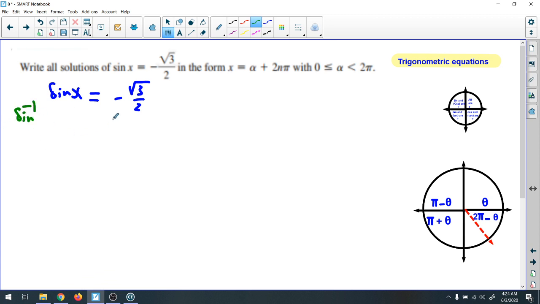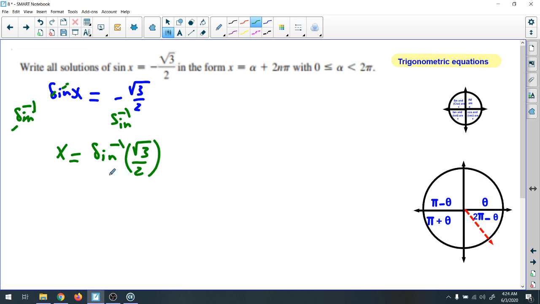They cancel each other, and x equals arc sine of square root of 3 over 2, the angle whose sine is square root of 3 over 2.